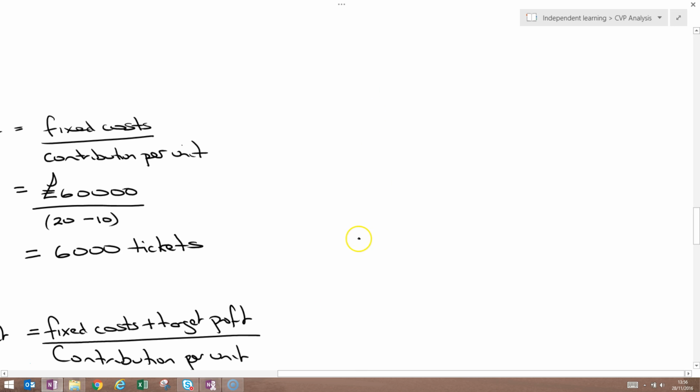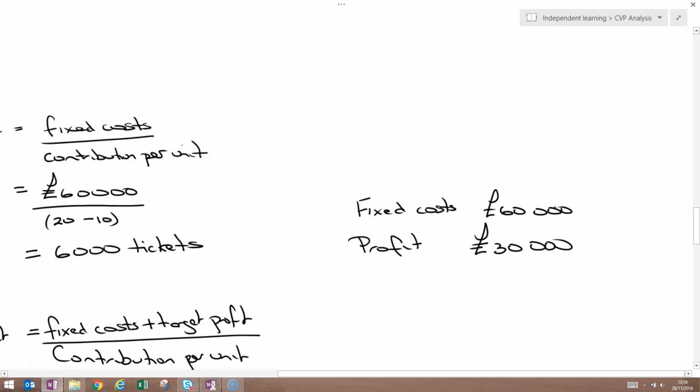So what we know is the profit. We want to make a profit of £30,000. We know what our fixed costs are. So now we can work out our contribution.